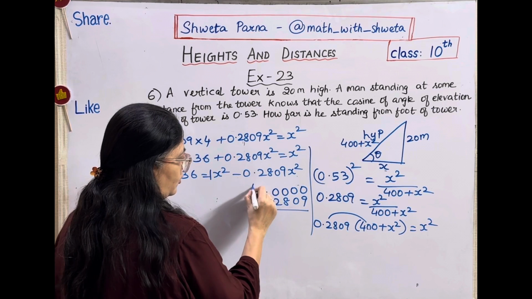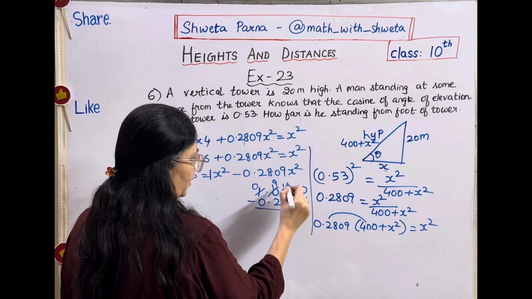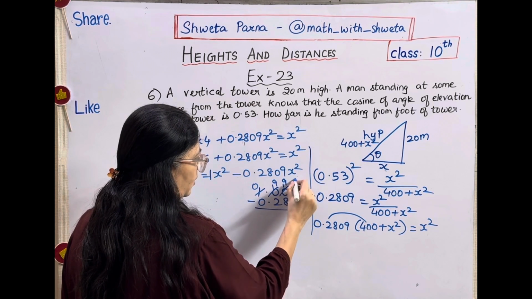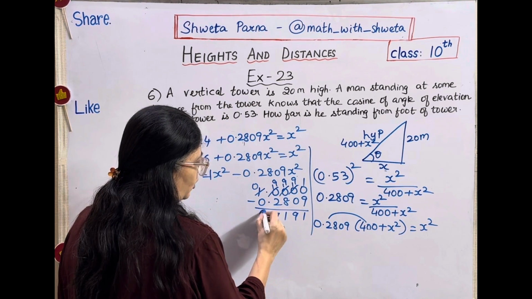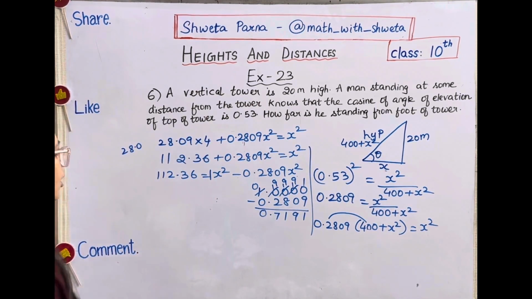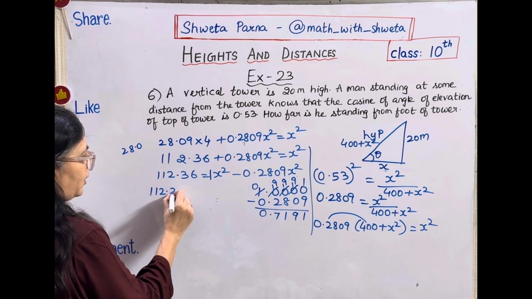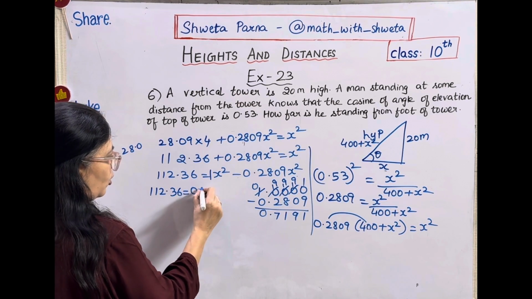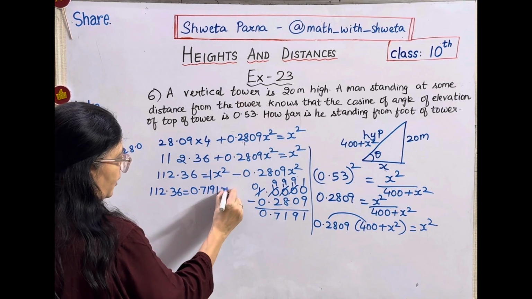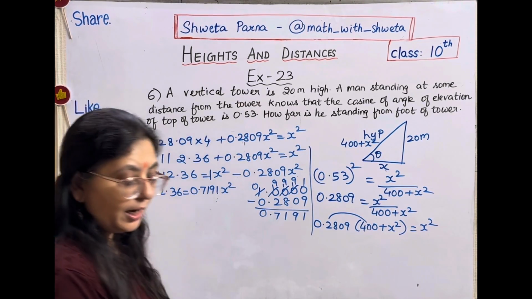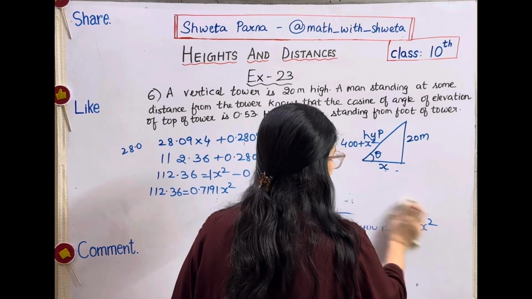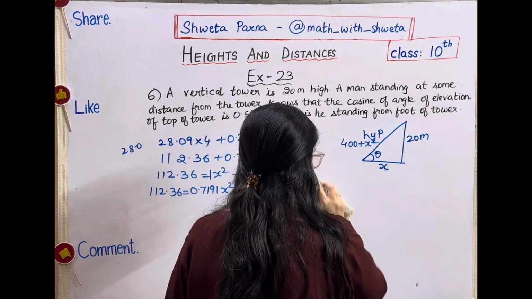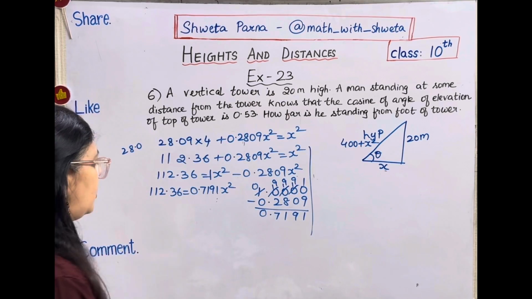You will carry, 1, 9, 1, 7, 0.7191. So 112.36 is equal to 0.7191 x square. Generally children, in heights and distance you make mistakes in calculation. So you should always find an easier way to calculate so that you avoid silly mistakes.